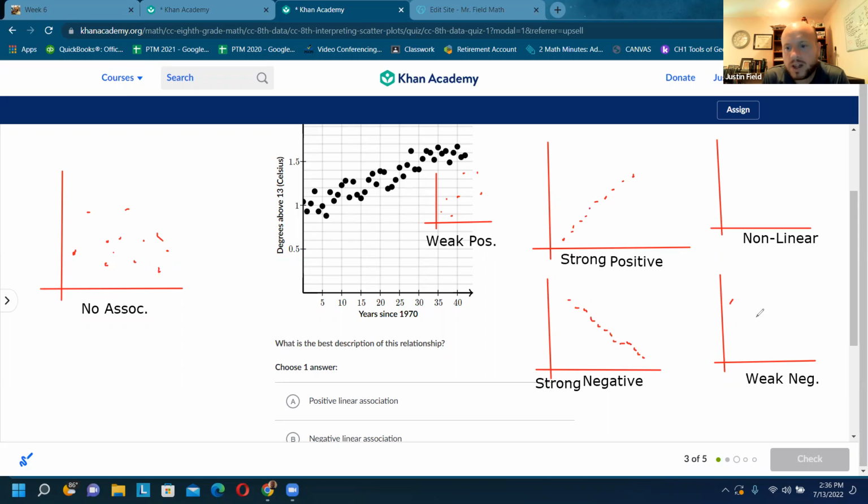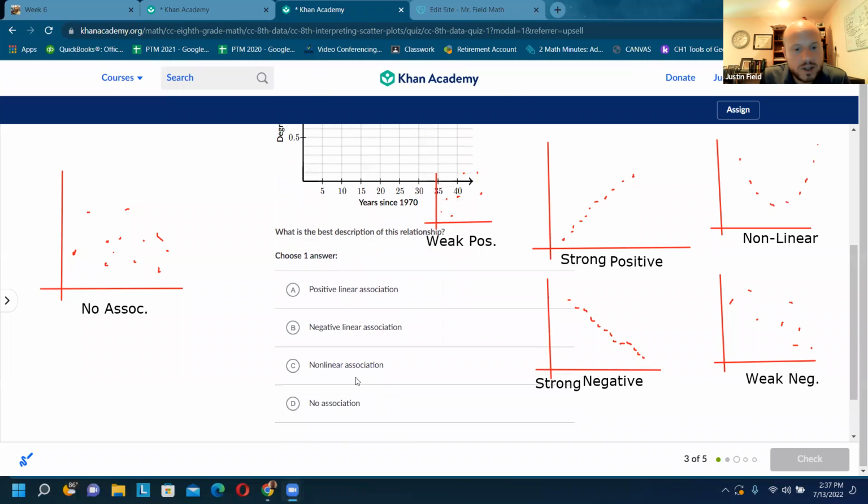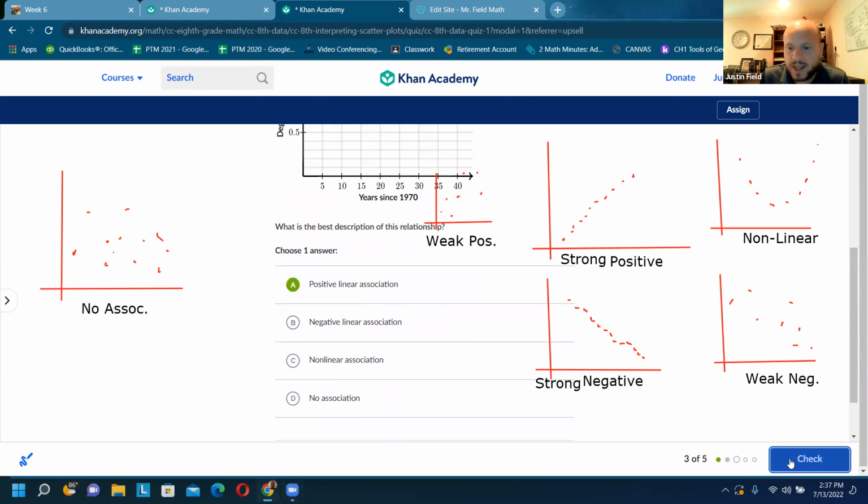Weak negative would be like, in general, it's going down. And nonlinear, sometimes there's a pattern, but it's not linear. So what do you think this one would be an example of? Well, the points are pretty clumped together. They are going up. So I'm going to say positive.